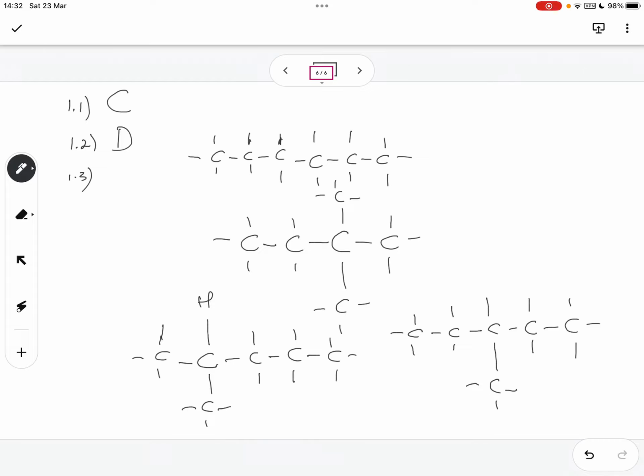It's both melting point and boiling point, so we just have to guess which one has the lowest boiling point. But now, they all have the same number of carbon atoms. So it's about surface area.